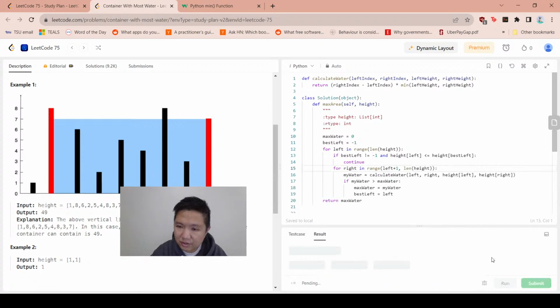Let's check if it's correct. Speed up. Yeah, it's still correct. It's actually even slower than before because the amount of speed up that I get from here is not extremely high.